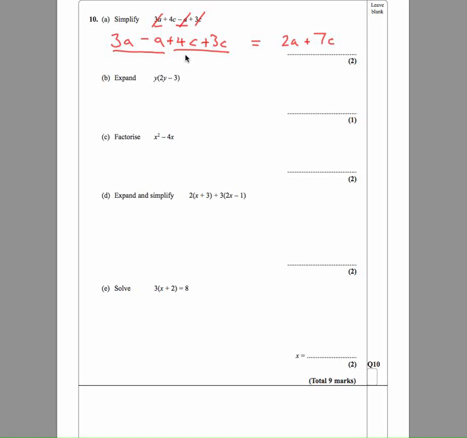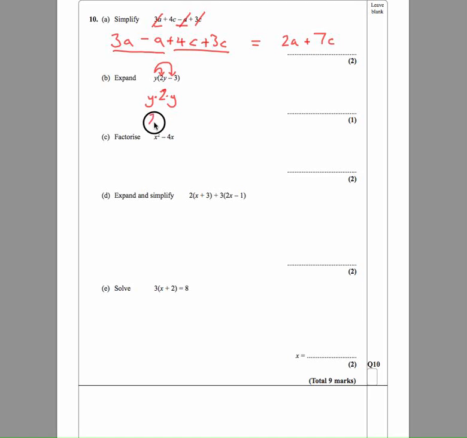Okay, here we've got something outside a bracket multiplied by a bracket. So the thing outside the bracket has to multiply each term inside the bracket. So y multiplied by 2y, that's y times 2 times y.